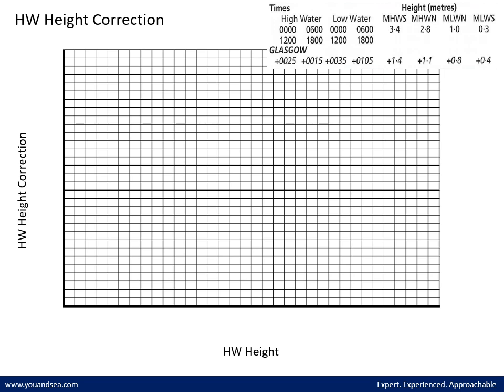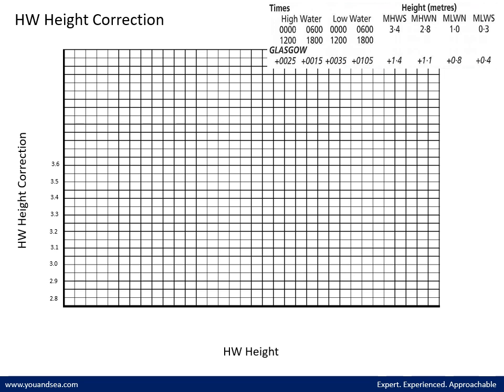To calculate the high water height correction, we need to expand the high water height information, and we can see in the top right hand corner that is 2.8 to 3.4 meters. So up the left hand side we go 2.8 up to 3.4. Now if we remember back to our tidal information, we know that the high water is actually 3.6 meters on this day.